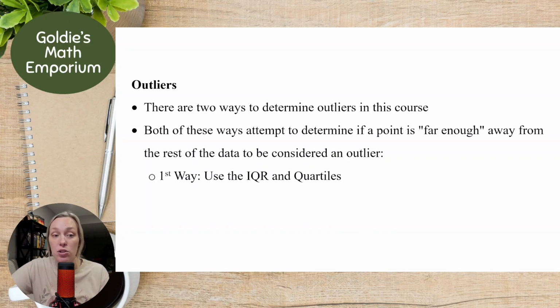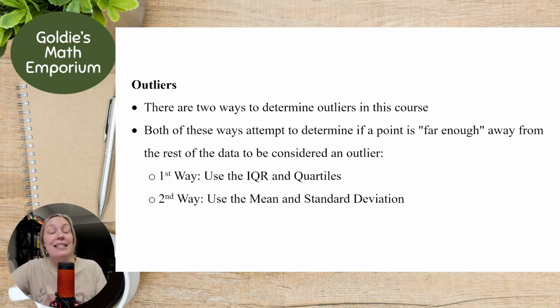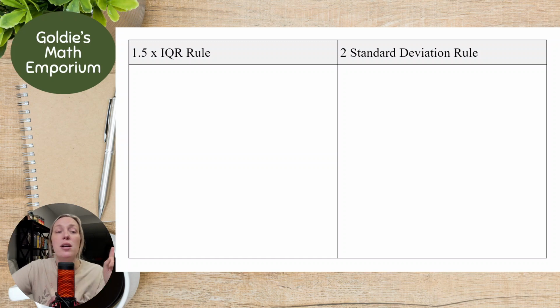So there's 2 ways in this course. The first way is to use IQR and quartiles, and the second way is to use mean and standard deviation. So let's talk about the IQR and quartiles first. This is called the 1.5 times IQR rule. The other one is called the 2 standard deviations rule. Very informal names, and the formula that you use is basically in the name itself, so that's kind of nice.